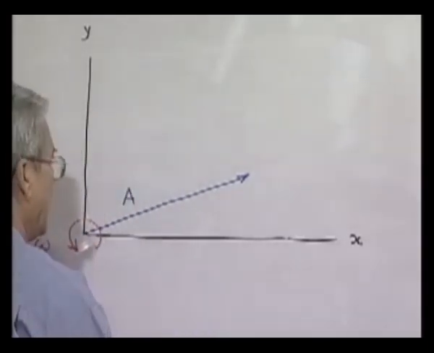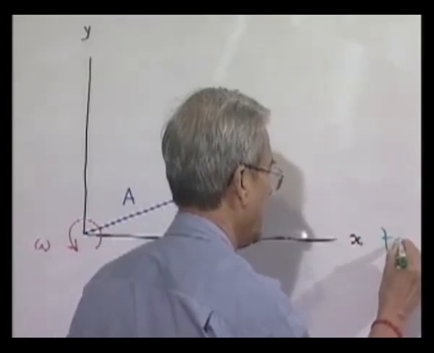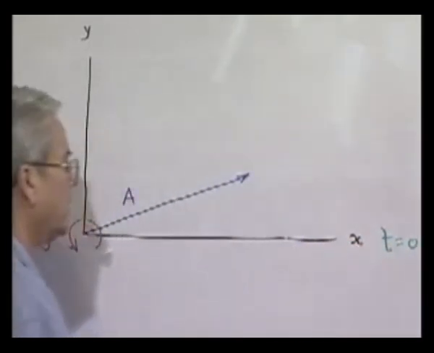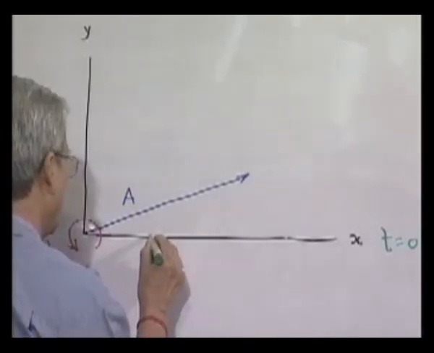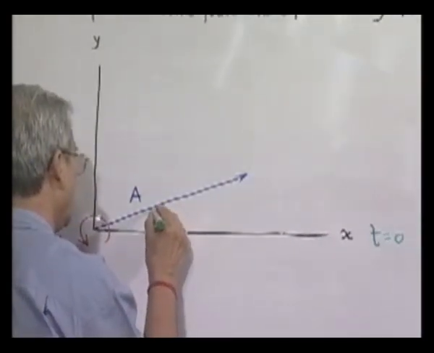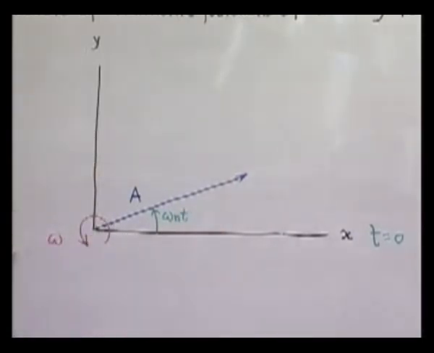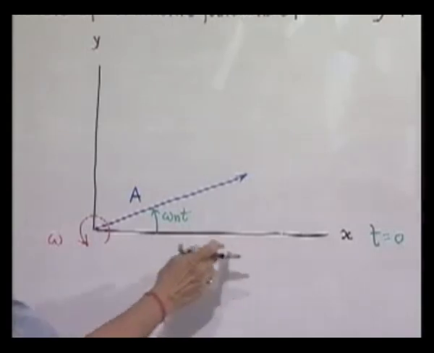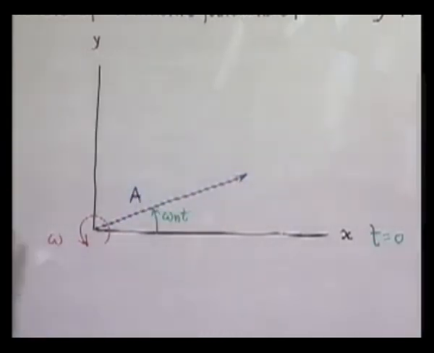And say we have started measuring time at this line. So, this line represents t is equal to 0. If that be the case, how much is this angle? Omega t, because when it was here time was 0, the amount of angle it has traversed will be nothing but the angular speed and the time.